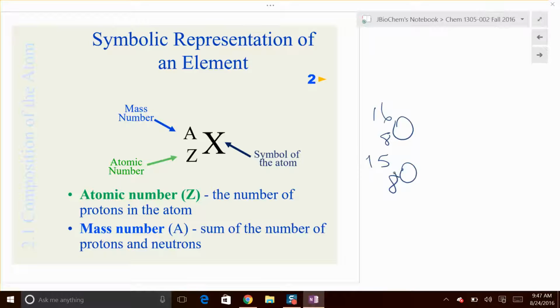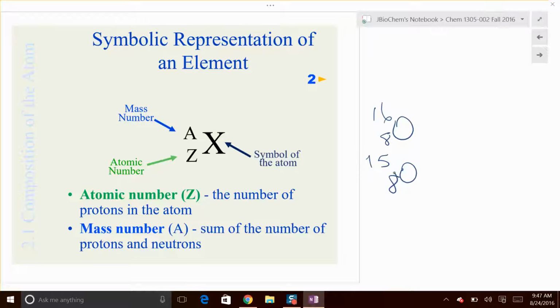So if I have 8 protons, and protons and neutrons have the same mass, and my mass is 16, how many neutrons do you think I have? 8. If I have a mass of 16, that means I have 8 neutrons and 8 protons. Well, what if I'm oxygen 15? How many neutrons do I have?